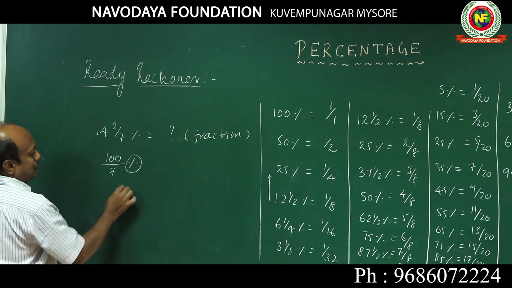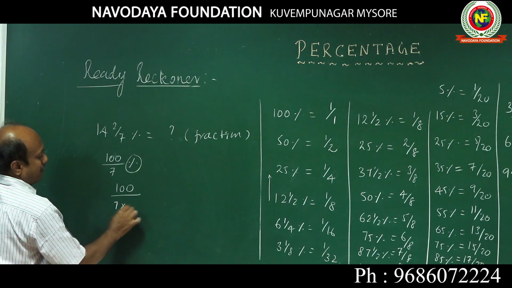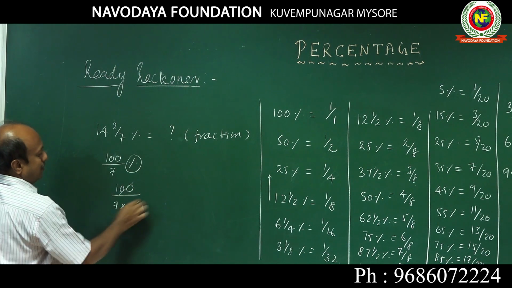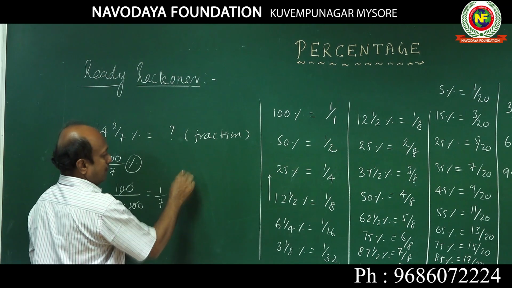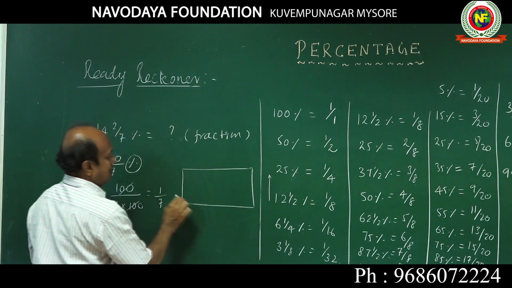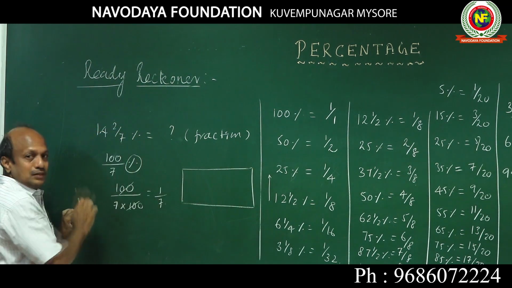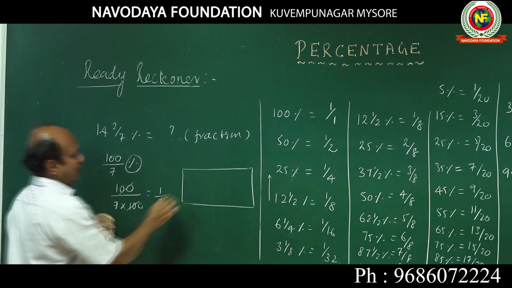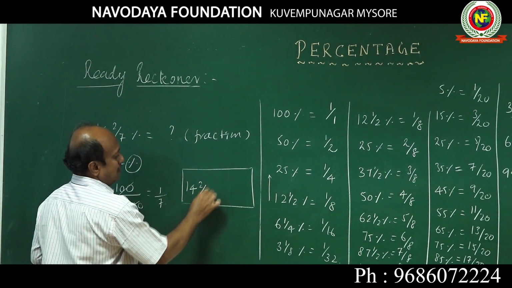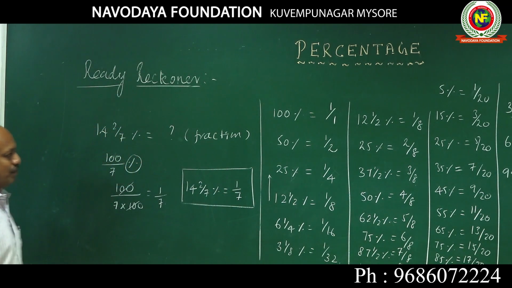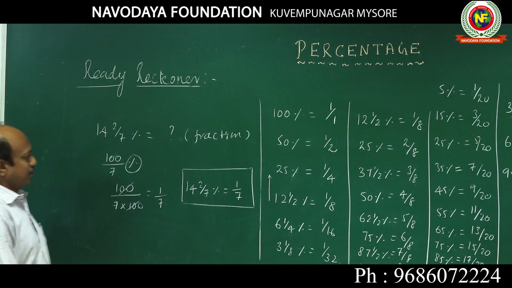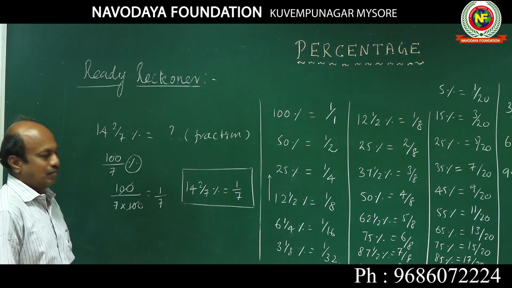To remove the percentage, we write 100, 7 by 100, it will get cancelled, it is equal to 1 by 7. Therefore, remember it. Frequently, most of the question papers use this idea, 14 2 by 7 percentage of something is equal to 1 by 7 of given thing. 1 by 7 of given thing. Right, so you have seen the ready reckoner now.